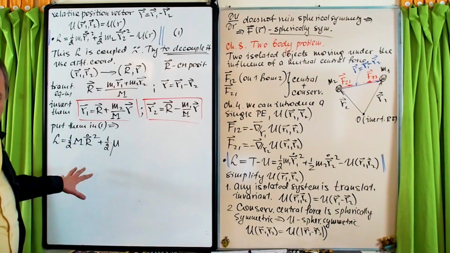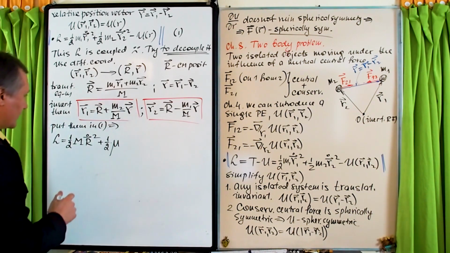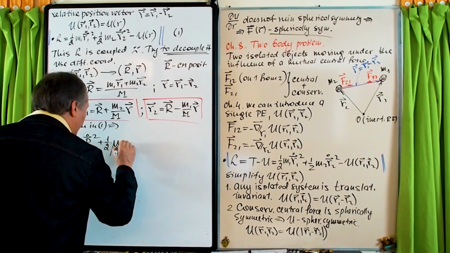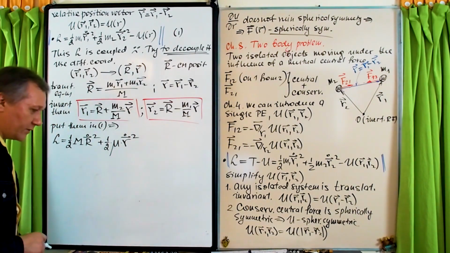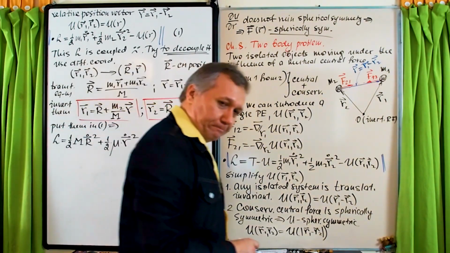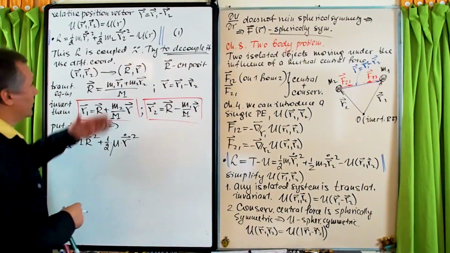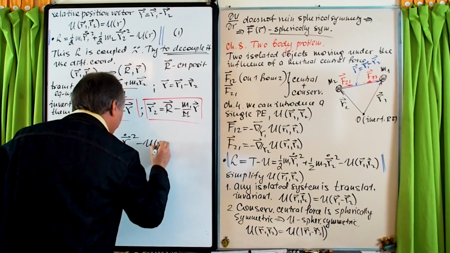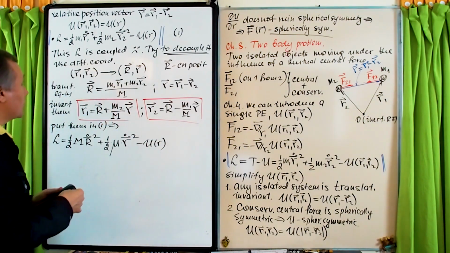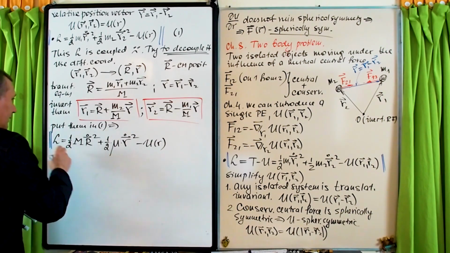In a second, I will write what reduced mass is, but I'm sure that you're familiar with reduced mass at this point, times r dot squared, relative position vector, and minus potential energy. Potential energy is not going to change. So minus U as a function of r. Okay, so that's the new form of the Lagrangian.